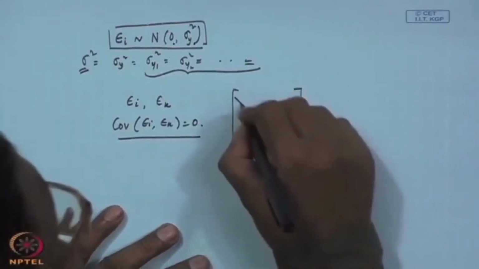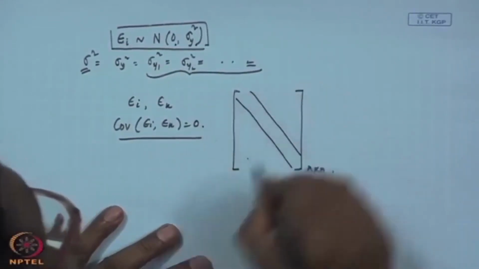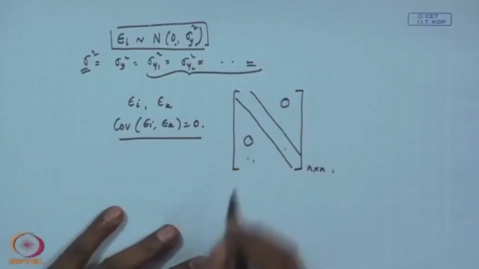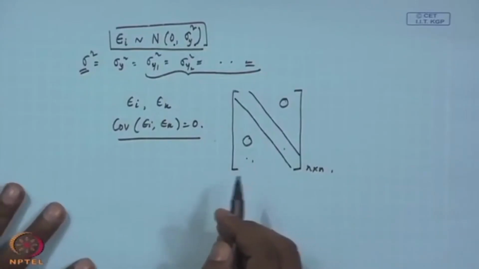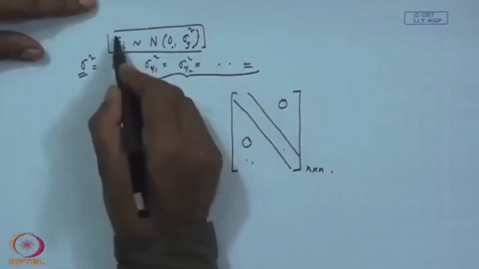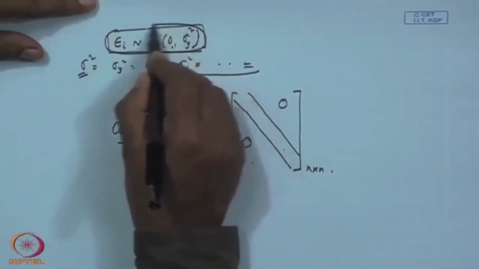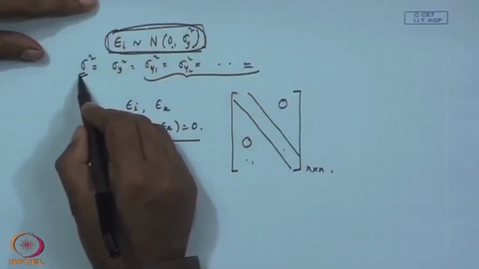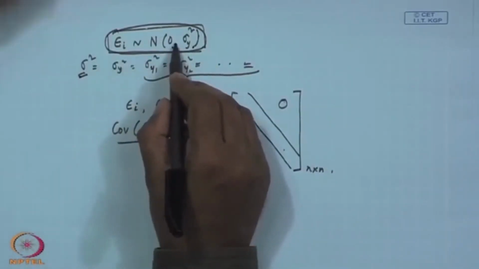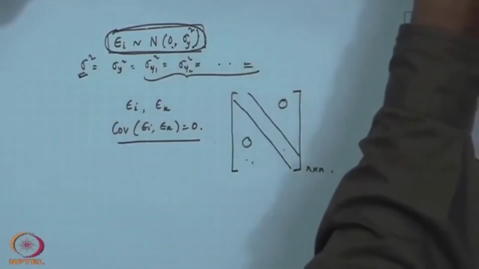Diagonal elements will be the variance, and off-diagonal elements should be 0. That is what uncorrelated error terms means, and normality of the error is this: error will follow a normal distribution with mean 0 and variance sigma square.